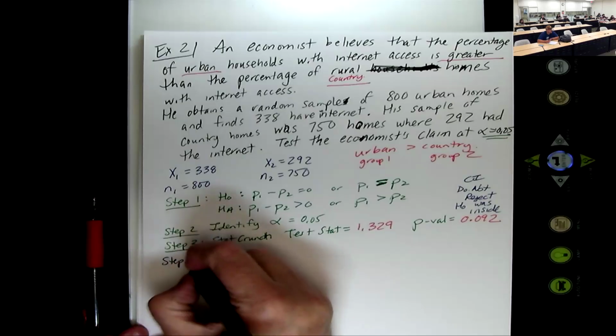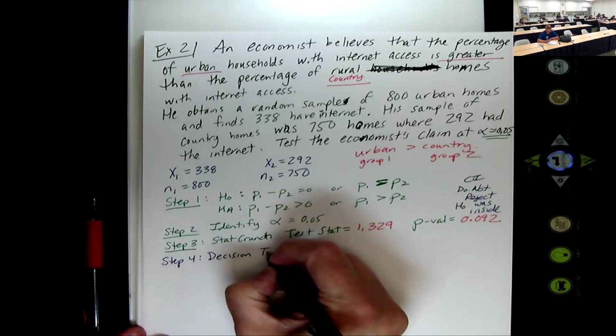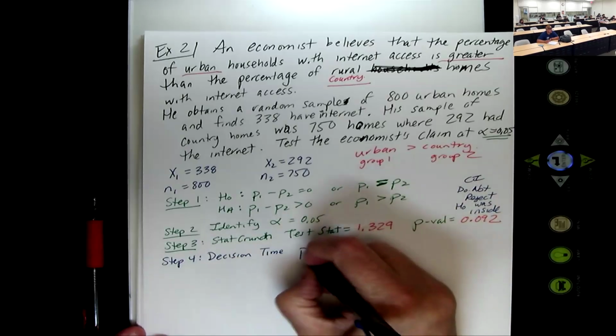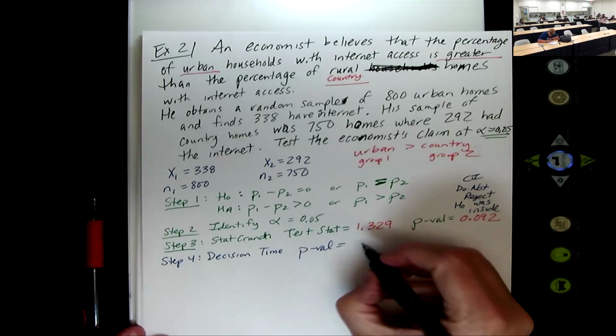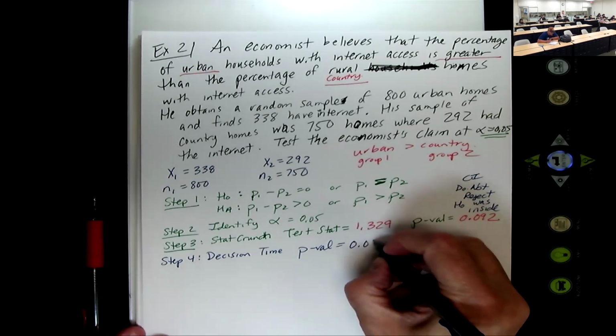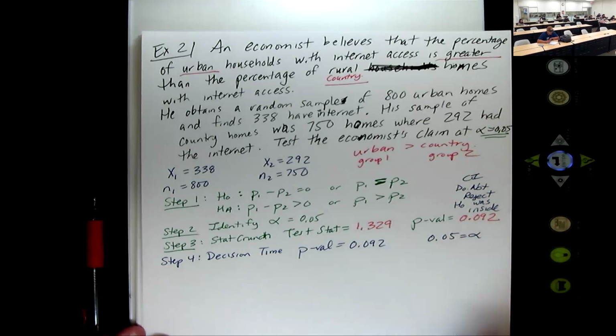Step 4 is decision time. Is the p-value greater than or equal to alpha, or less than? The p-value was 0.092. Alpha was 0.05.